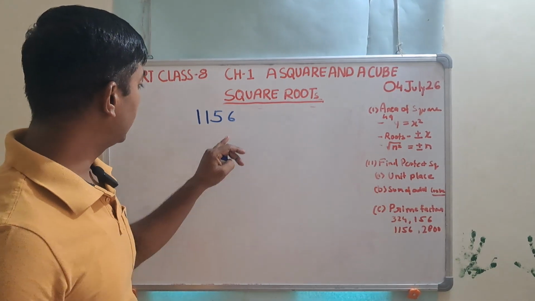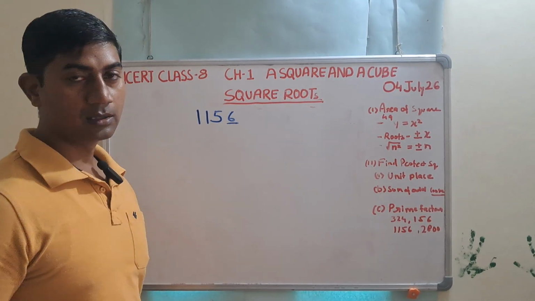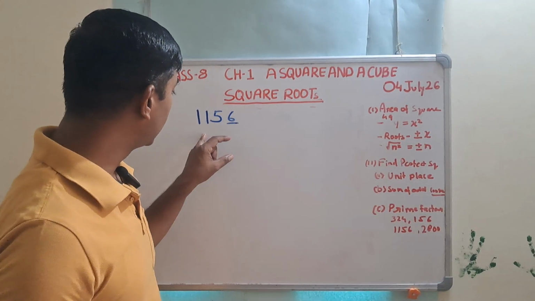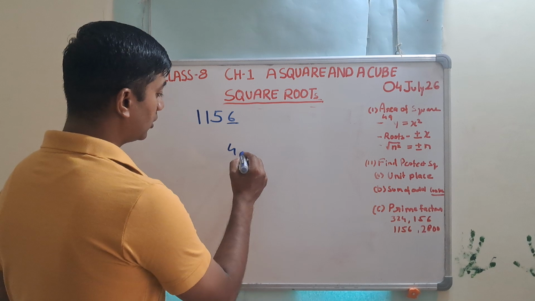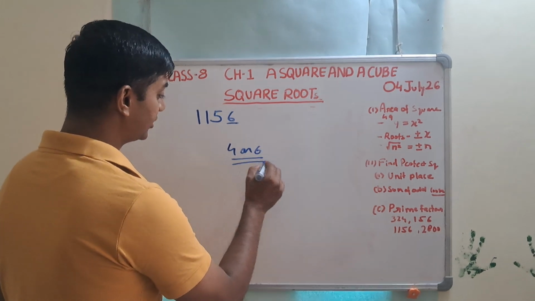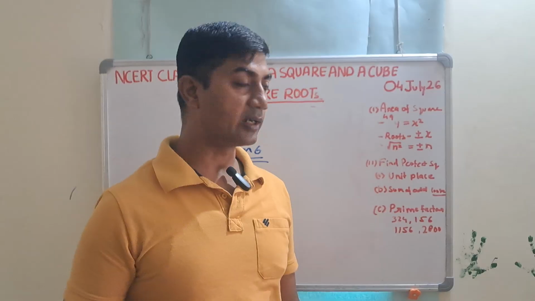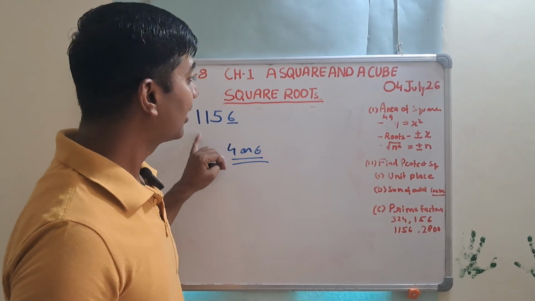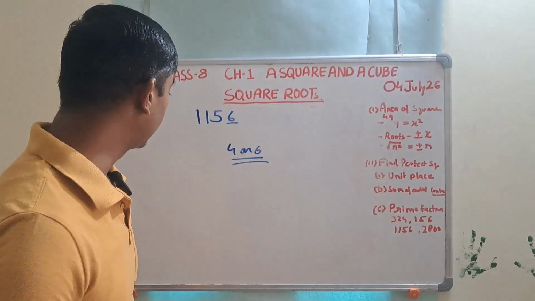Only you can ensure that 6 is written here, then it means the square root of this number definitely has 4 or 6 at its unit place, but you cannot find out exactly the square root. How will you find the square root of this number and numbers like this? It means the larger numbers.